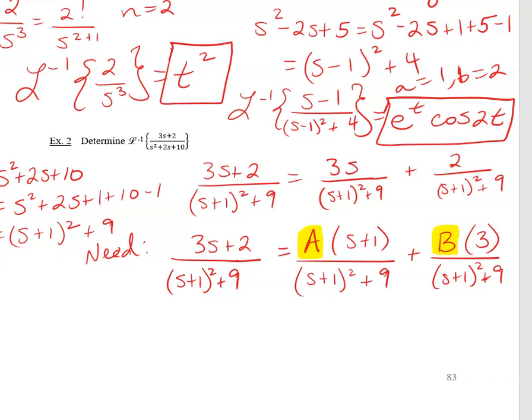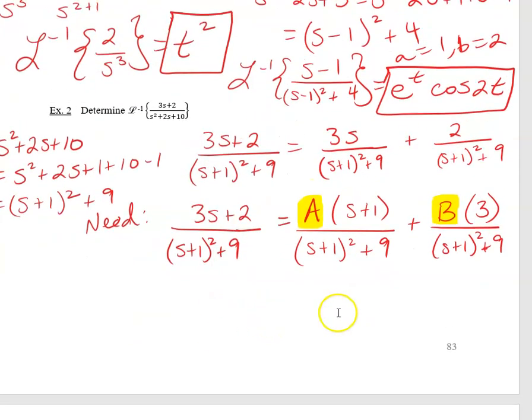So what we're going to use now is the method of partial fractions. I know you remember partial fractions. We did it in this class earlier in the semester. I'm going to multiply through by the common denominator, and I wind up with 3s plus 2 equals a times s plus 1 plus b times 3.